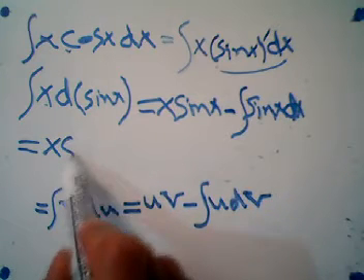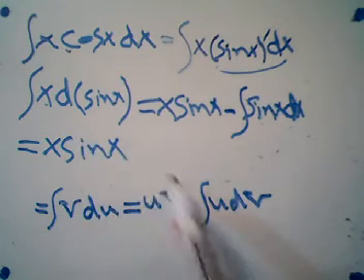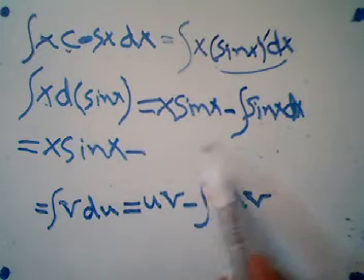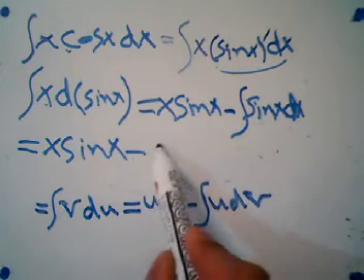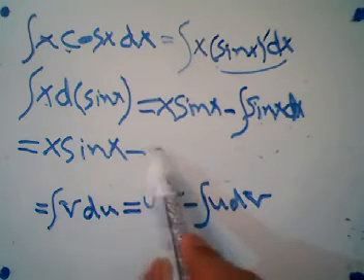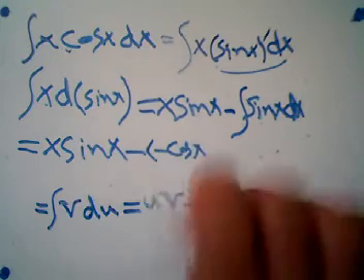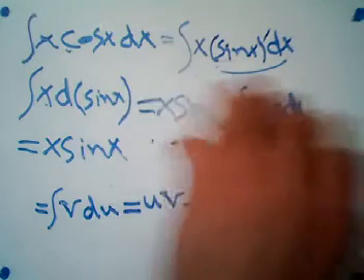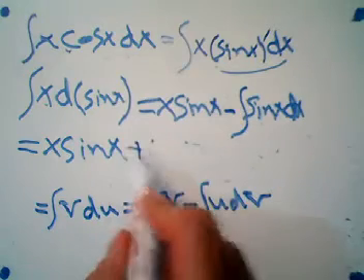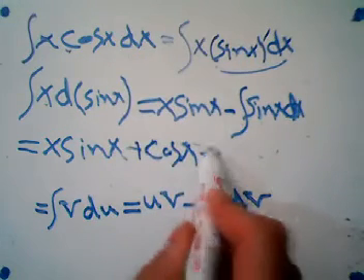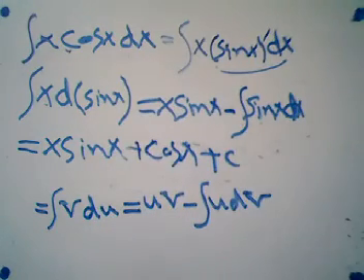That would be x sine of x minus the integral of this, which is minus cosine of x. You know, that would be plus cosine of x, and some constant number later.